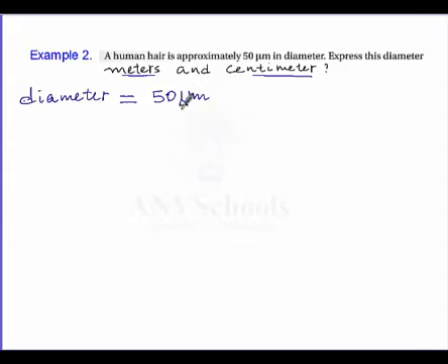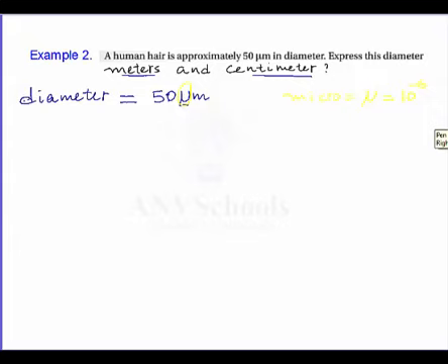Micro is a prefix, from the Greek letter mu, which is the same as 10 to the power of negative 6.